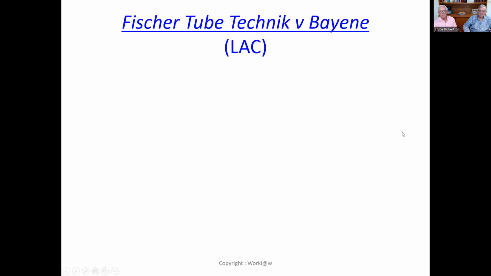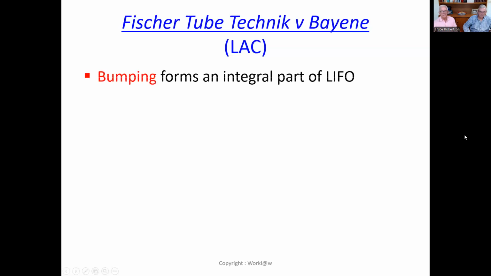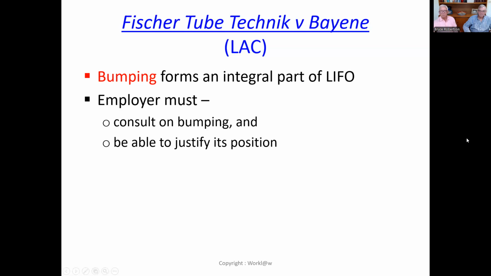This Labour Appeal Court judgment, which came out fairly recently, Fisher Tube Technic, made the point that bumping is an integral part of LIFO, and there's an obligation on the employer to consult on bumping and to be able to justify why it will or won't bump, if it's applying LIFO as the key criteria.